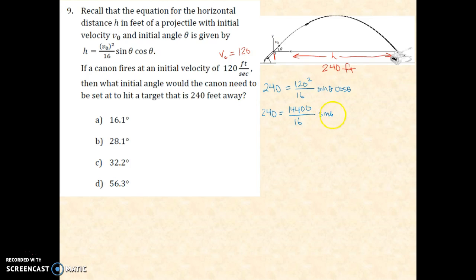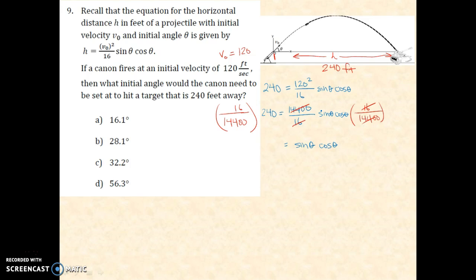Over 16 sine theta cosine theta, and then if we multiply both sides by the reciprocal of this, 16 over 14,400, these will cancel, and we will get sine theta times cosine theta is equal to 16 times 240 divided by 14,400, which is, I get a big repeating decimal, so I'm going to simplify it as a fraction.